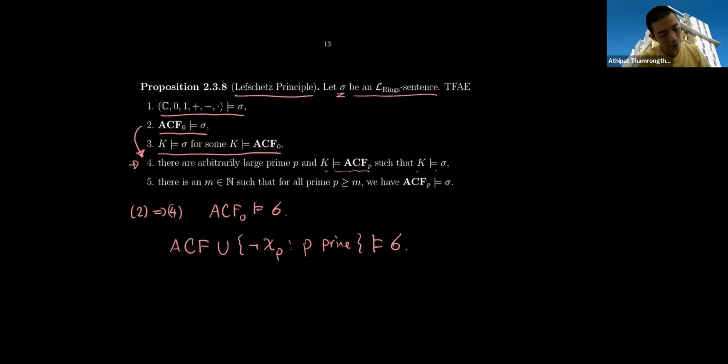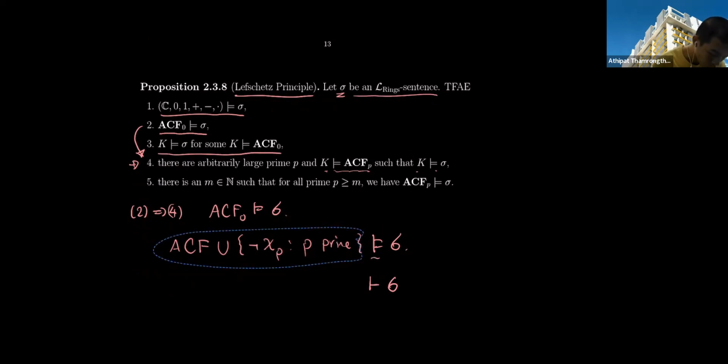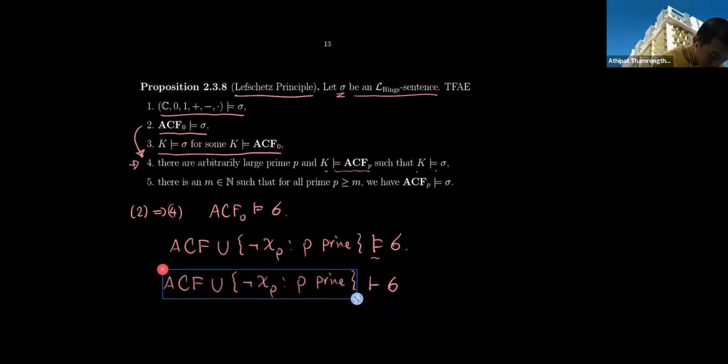Now you can use the completeness theorem to change from satisfiability to proof. So here we can get this one.